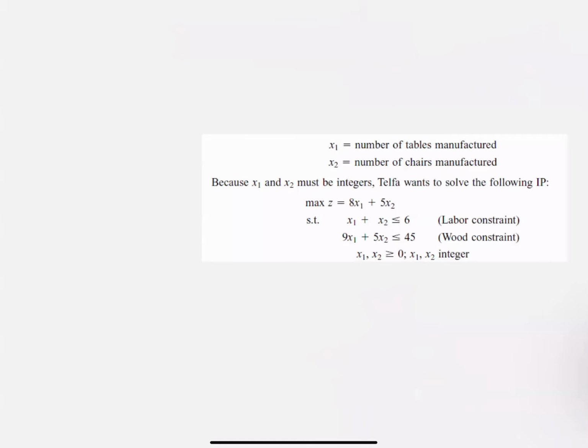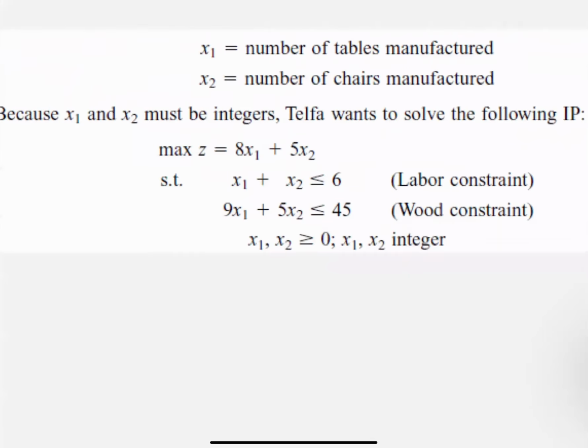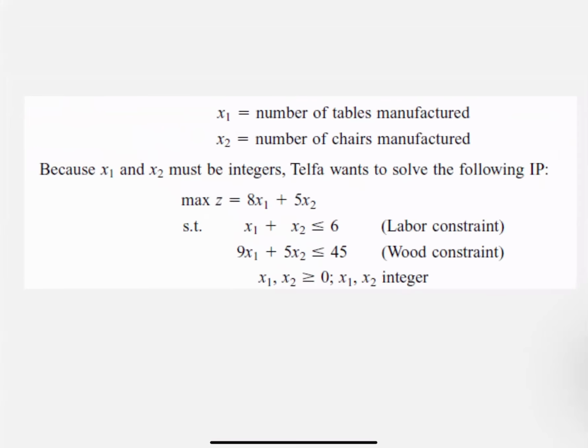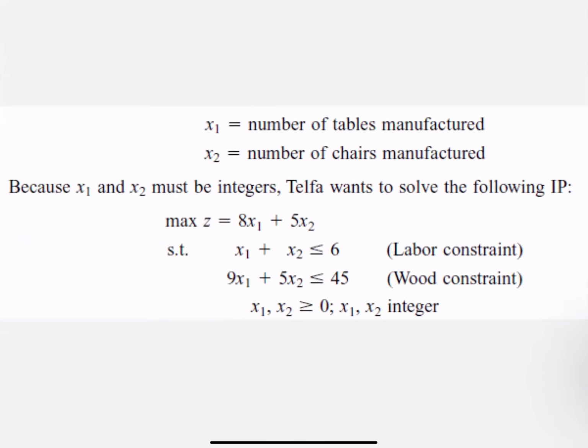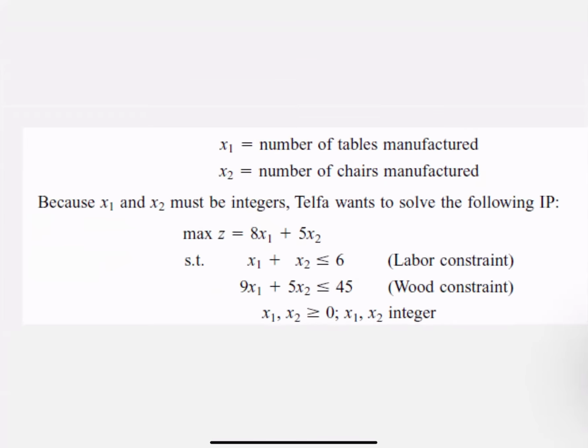Let's look at a problem. Let's say X1 is number of tables manufactured, X2 is number of chairs manufactured. And you have resources in terms of labor constraint and wood constraint. You know that each table and each chair take 1 unit of labor each. So 1x1 plus 1x2 less than or equal to 6.